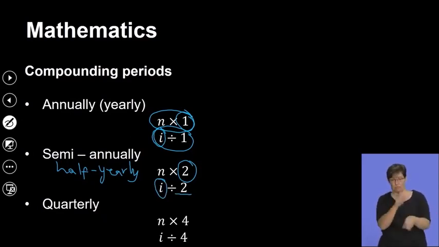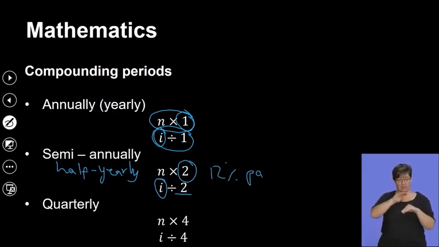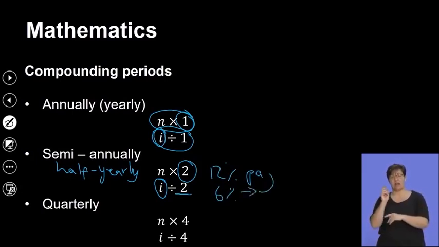So if I say this is 12% per annum, compounded semi-annually, it means that you are actually getting 6% every 6 months. But at the end of the year, it's supposed to go back to being the 12% per annum.